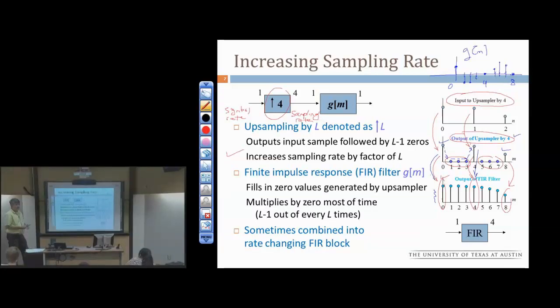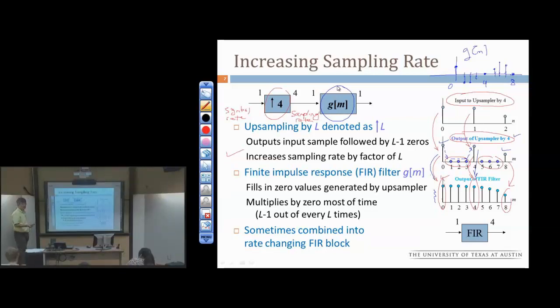When you say the sinc is the best shape to do the interpolation, was that the sinc from discrete time? Correct. It's a version of the sinc in discrete time. That's correct. Because remember, the filter we want here is an ideal low-pass filter, and its cutoff should be pi over 4.